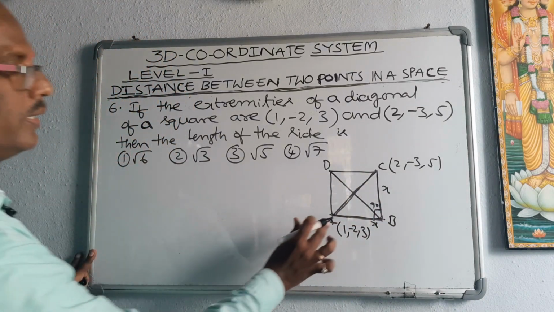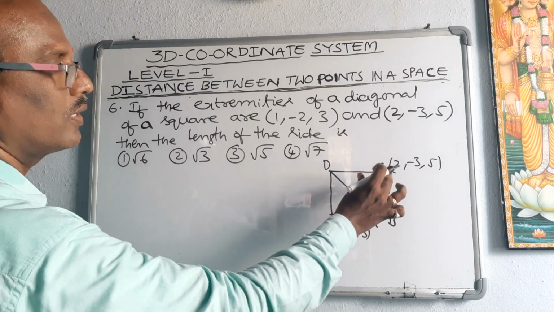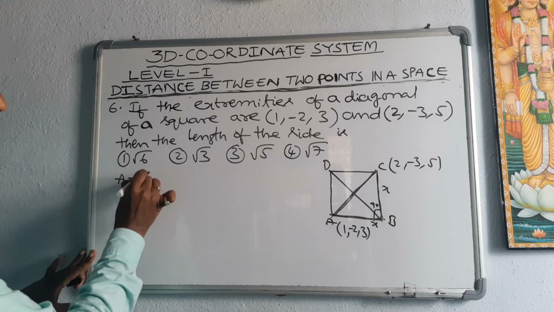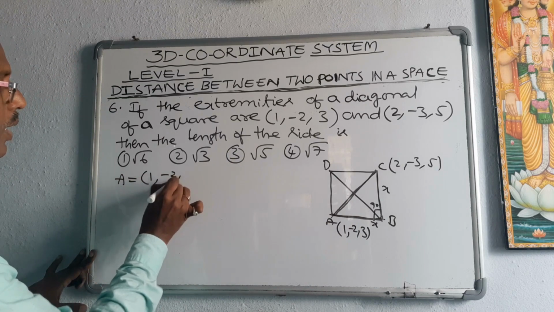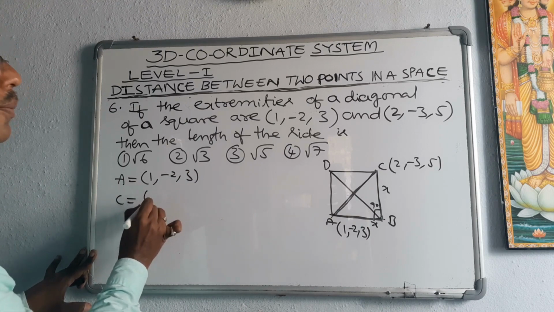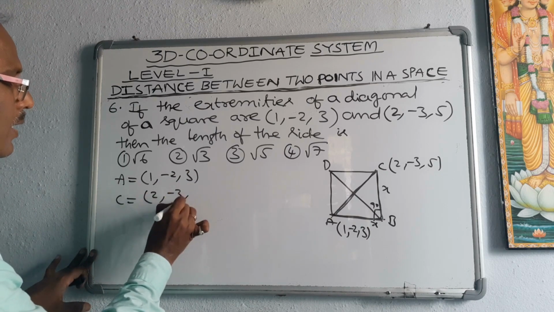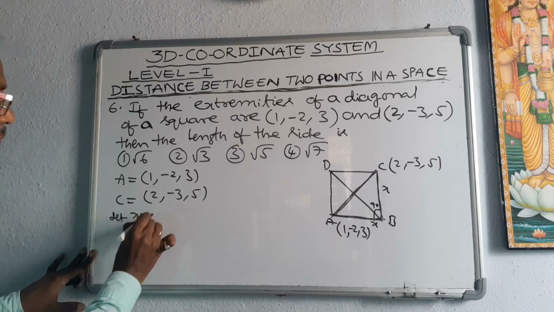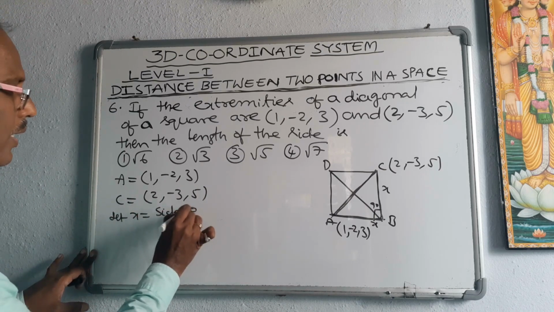Let A and C be the extremities of the diagonal. Capital A is (1, minus 2, 3), C equal to (2, minus 3, 5). Let x equal the side of the square.